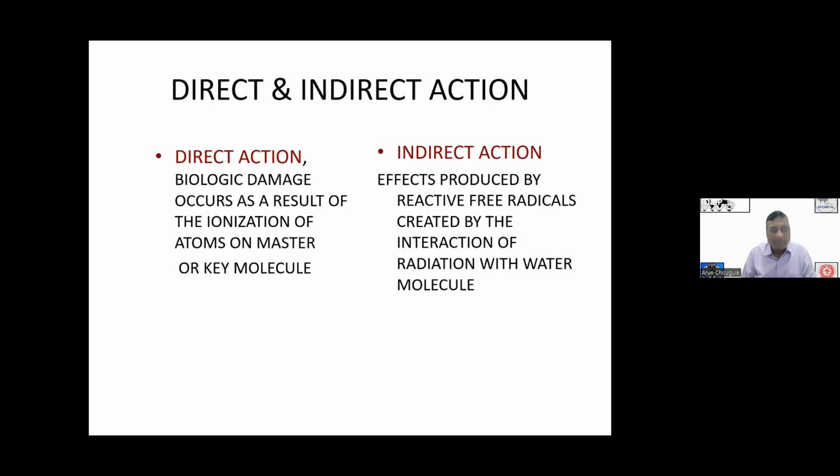In direct action, biological damage occurs as a result of ionization of the atoms of a key molecule, and that is mostly water. Indirect action effects are produced by reactive free radicals created by the interaction of radiation with the water molecule. This is the indirect effect, and direct is directly hitting, which is by alpha particle, neutron, proton, or carbon.